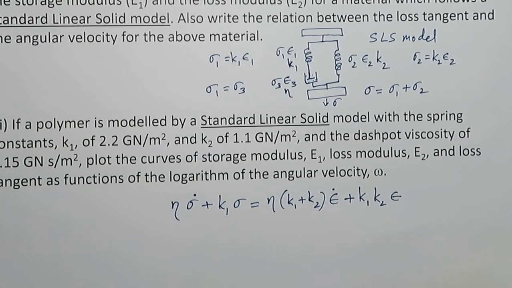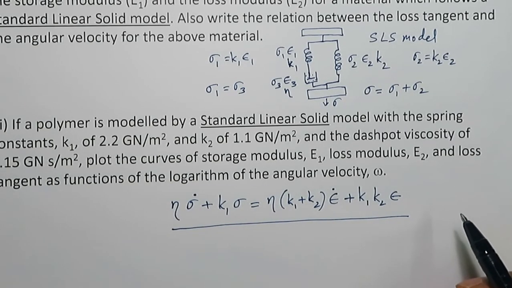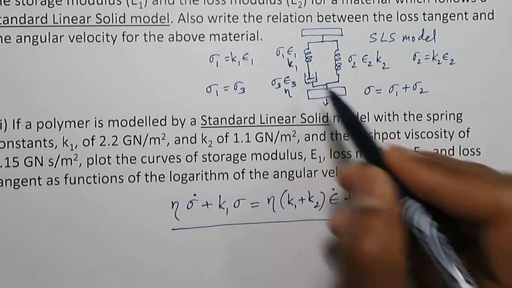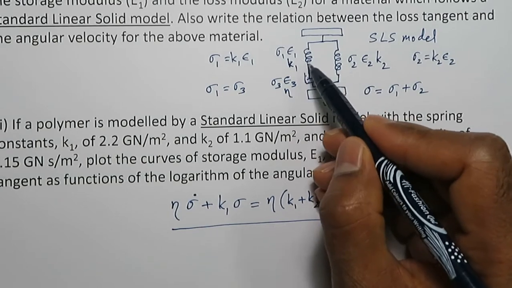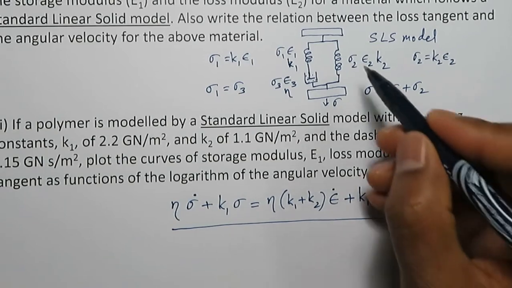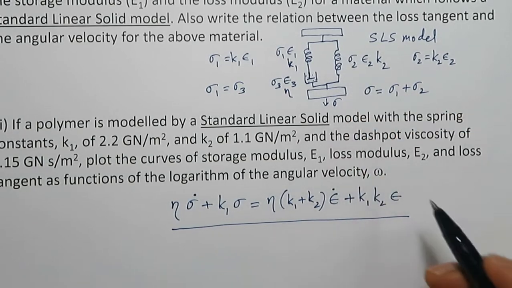So this is the governing equation for the standard linear solid model. Here eta is the viscosity of the dashpot, K1 is the spring constant of the spring in series with the dashpot, and K2 is the spring constant of the other spring.